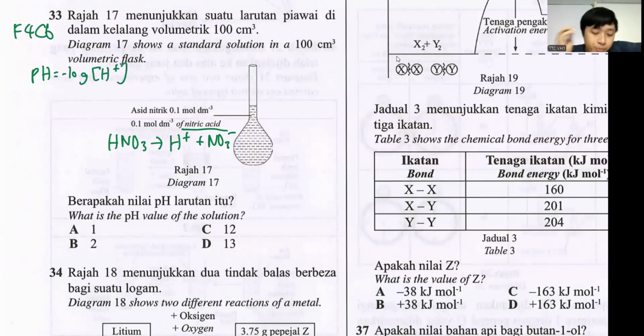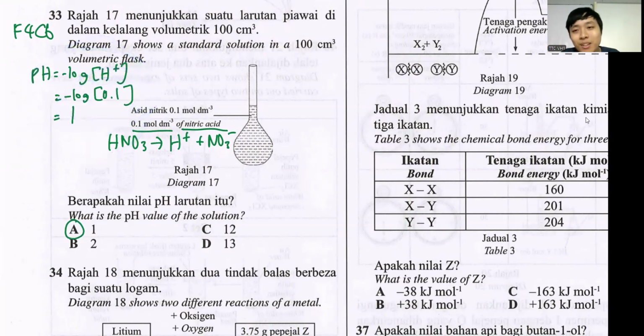In this case, just substitute the 0.1 molarity, and you get the answer, 1. A. This just depends on whether you remember the formula, negative log H plus. Straight away 1 mark.